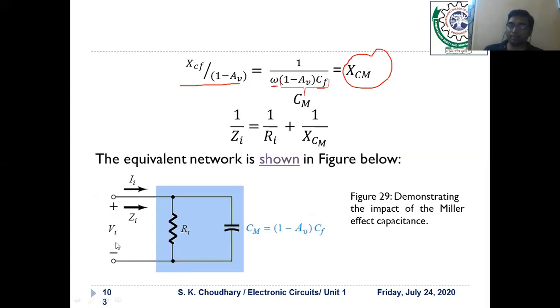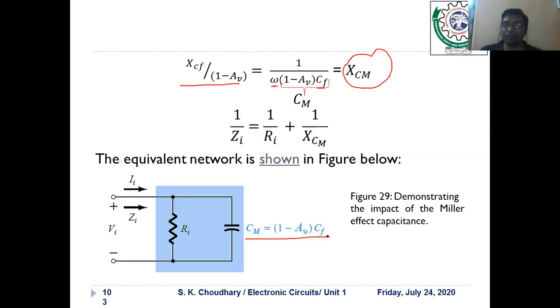So Vi remains as it is, Zi remains as it is, Ii remains as it is. Only the feedback network has been replaced by Miller capacitance. This feedback capacitance has been divided into two parts. The first part appears across the input network of the amplifier, and the second part appears on the output network.